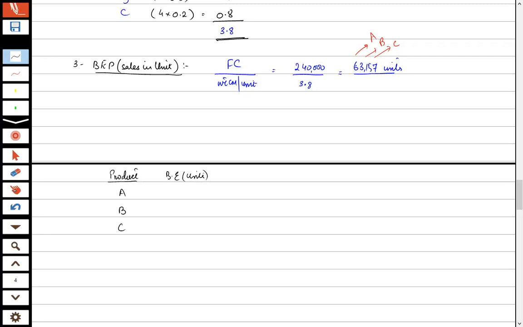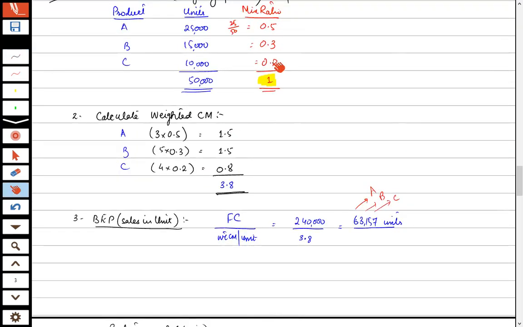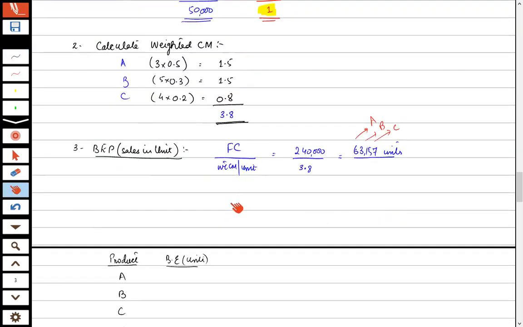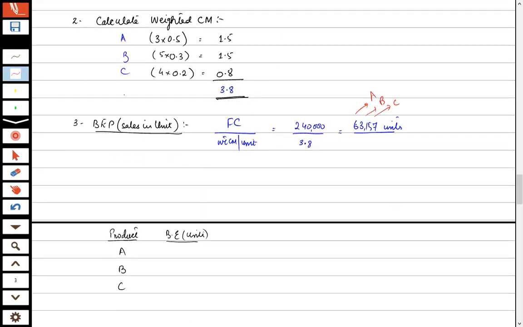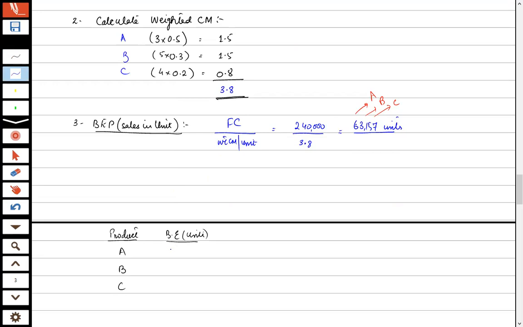Now if we multiply 63,157 with its weightage, that is 0.5, it will become 31,579.